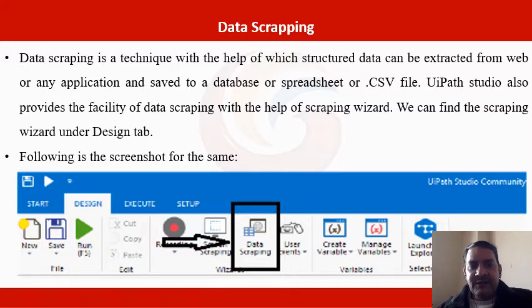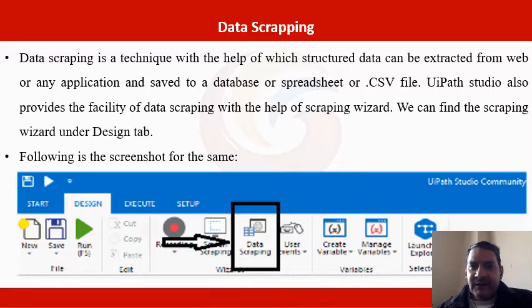Data scraping is a technique with the help of which structured data can be extracted from the web or any application. We have already discussed the concept of recording, and in recording we have already discussed four types: first is basic recording, next is desktop recording, next is web recording, and next one is Citrix recording.